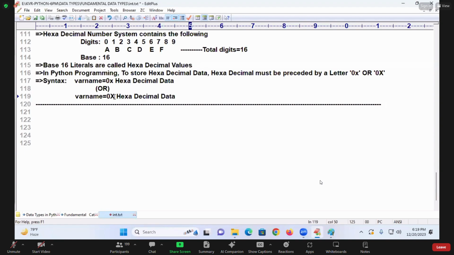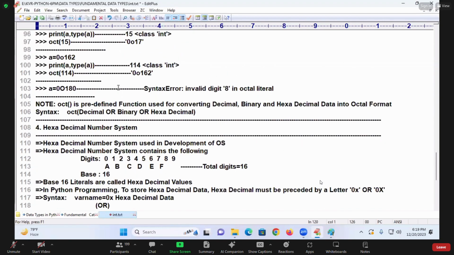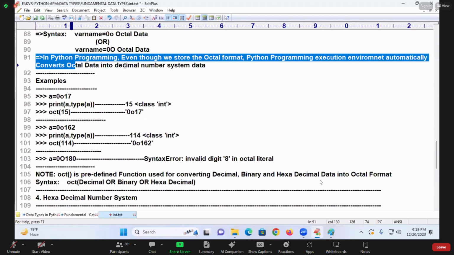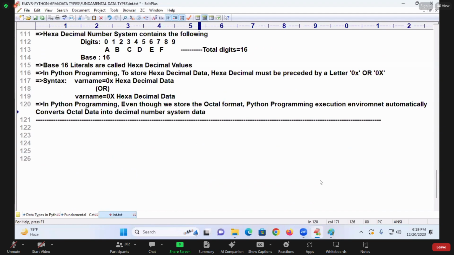Did you understand? Well, we will go for an example also. Even though we write the data in the format of octal, binary, or hexa, it is going to come in the format of what? Decimal format.